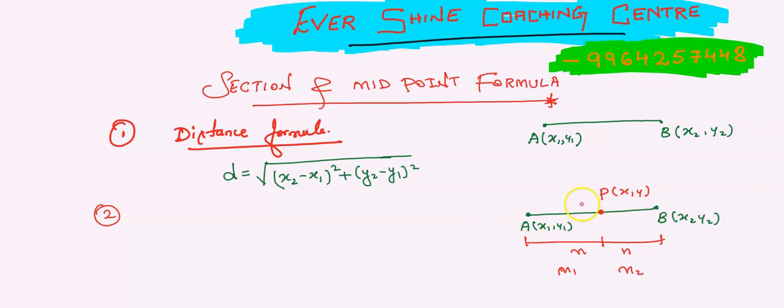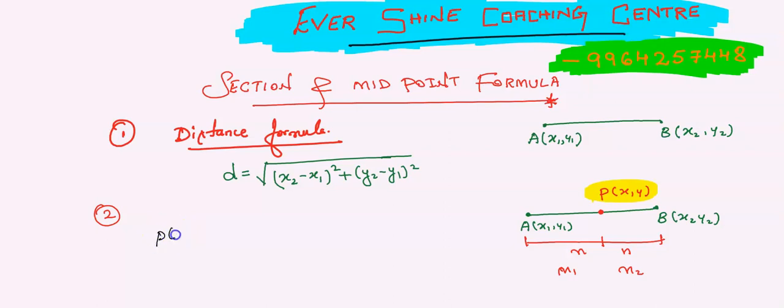Now if you want to find the coordinates of this point P which divides AB, then you have to use a formula. What is that formula? Very simple.